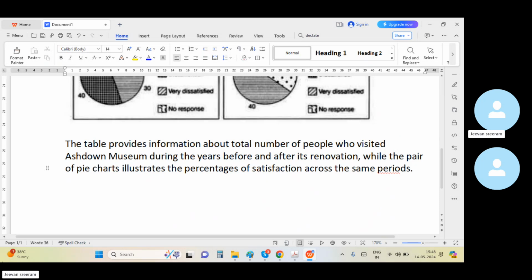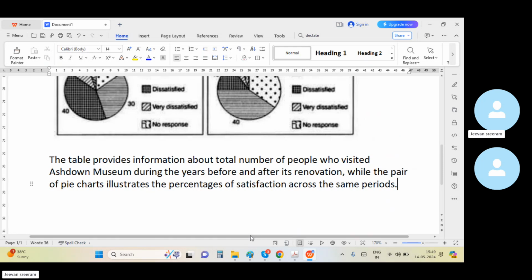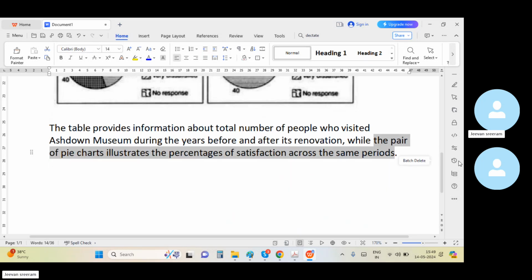Okay. Any doubt? Clear? So I have written the introduction for the table first, and then the pair of pie charts. Both have been separated by 1. Clear? Right. Let's write down the overview.